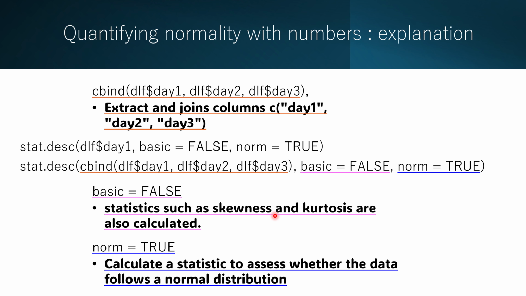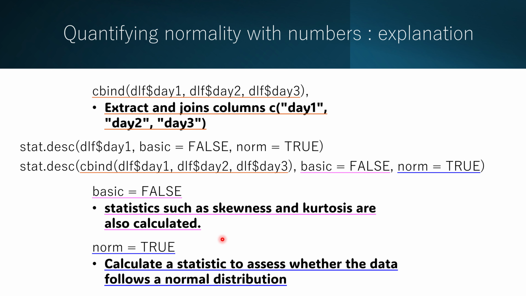Statistics such as skewness and kurtosis are also calculated. If basic is true, then only the basic statistics are shown. But if basic is false, then we can check the skewness and kurtosis and so on. Norm equal TRUE calculates statistics to assess whether the data follow the normal distribution.